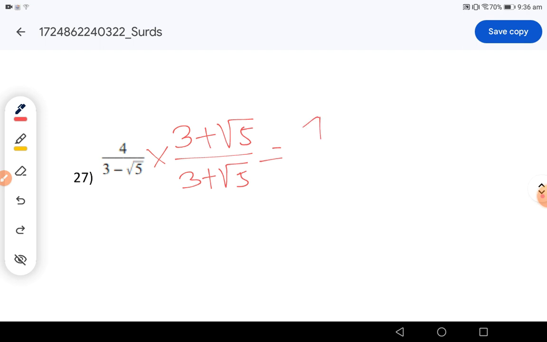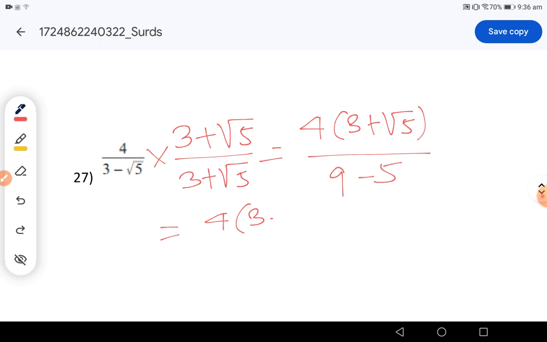So here 4 times 3 plus root 5 by 3 squared, 9 minus 5. So 4 times 3 plus root 5 by 4. 4 and 4 cancel. So 3 plus root 5.